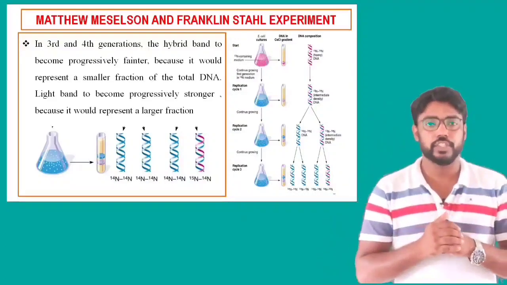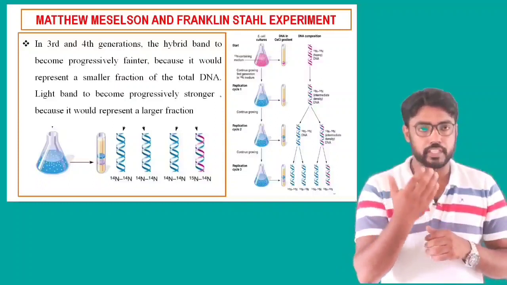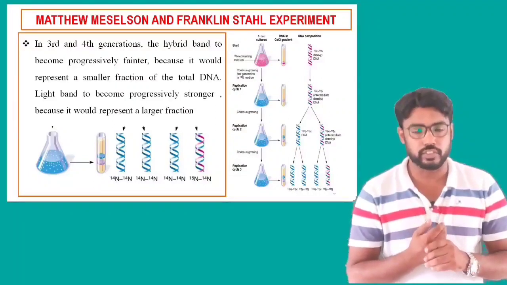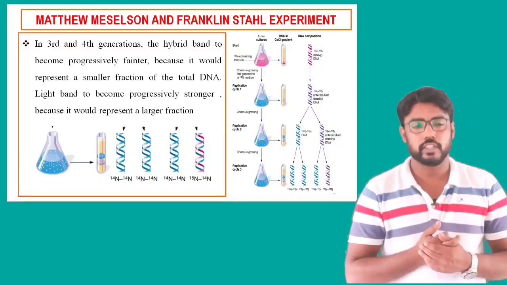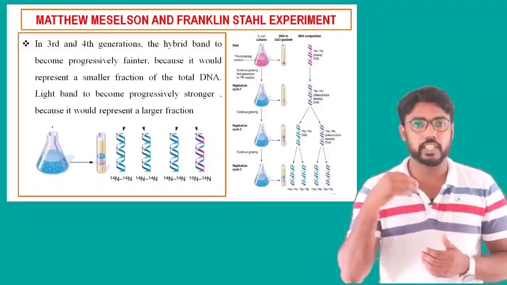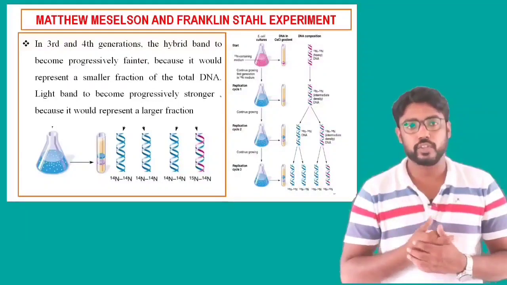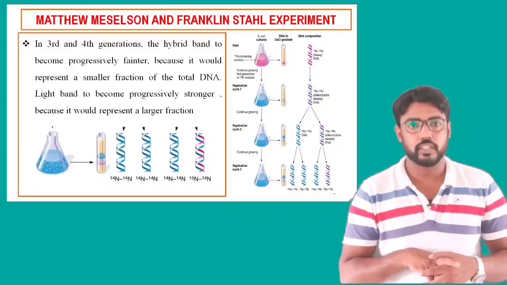In the first generation, you can see 100% intermediate band. In the second generation, you can see 50% intermediate band. In the third generation, you can see only 25% intermediate band.